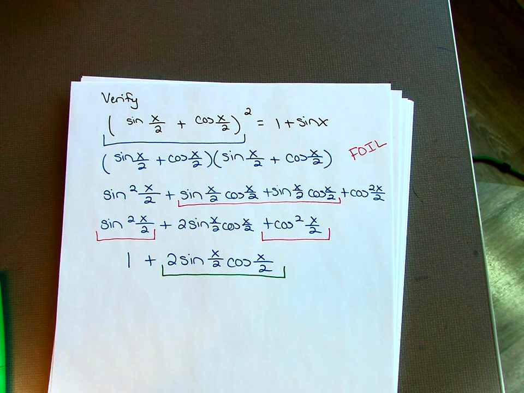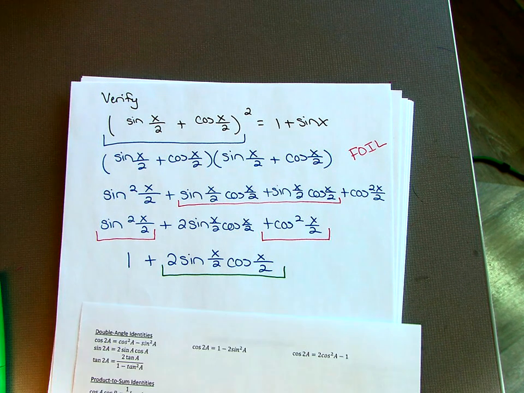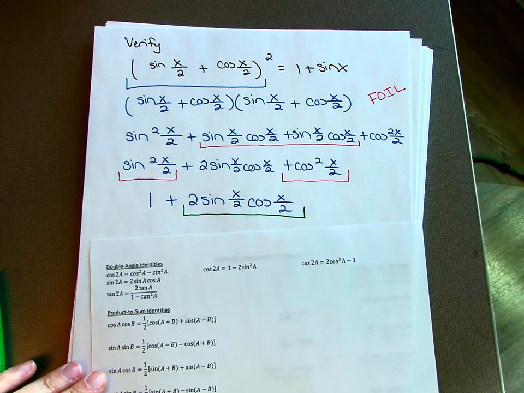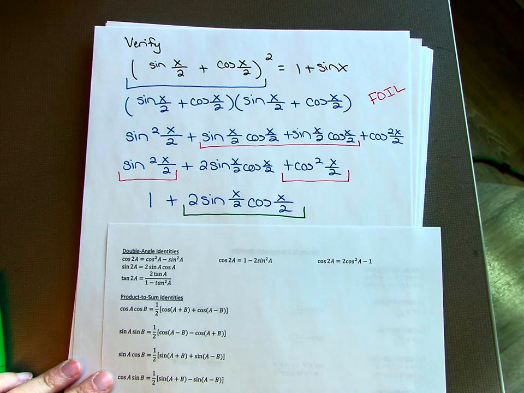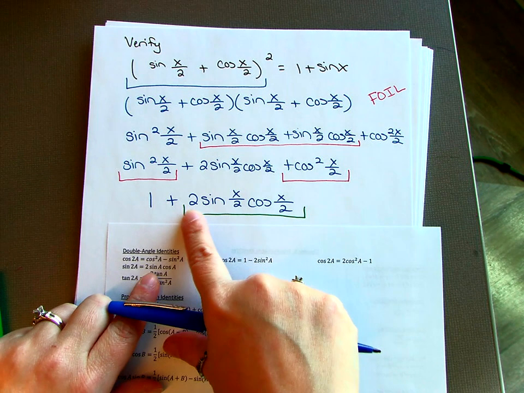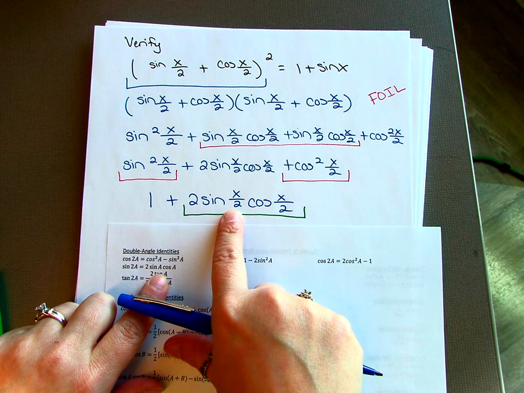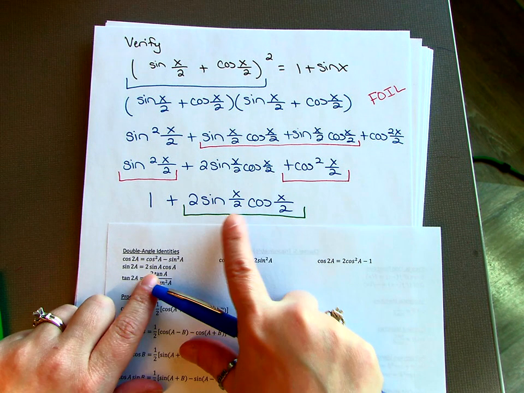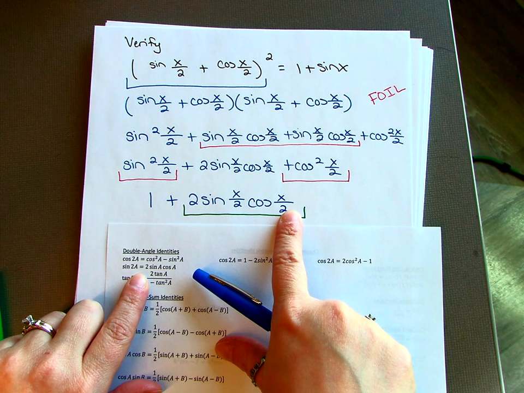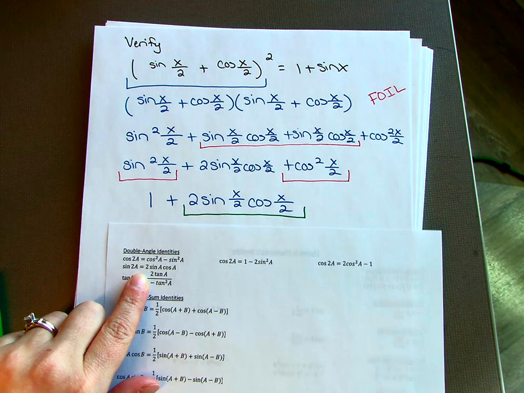So if you look at your paper or your notes from 5.5, which was the last lecture, notice 2 sine A cosine A. This would be the same thing as sine 2A. Well, what is A, though?